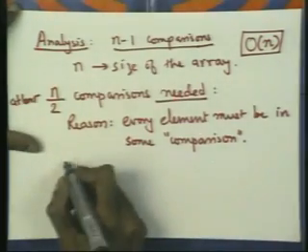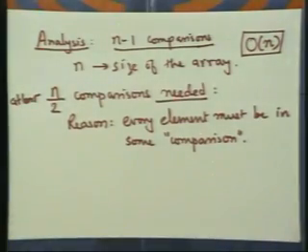The first element is compared with the second element, the third element is compared with the fourth element, the fifth element is compared with the sixth element, and so on. So with n by 2 comparisons if n is even, or n by 2 plus 1 if n is odd, well, the ceiling of n by 2 comparisons is all that's necessary to satisfy this condition that every element must be in some comparison.